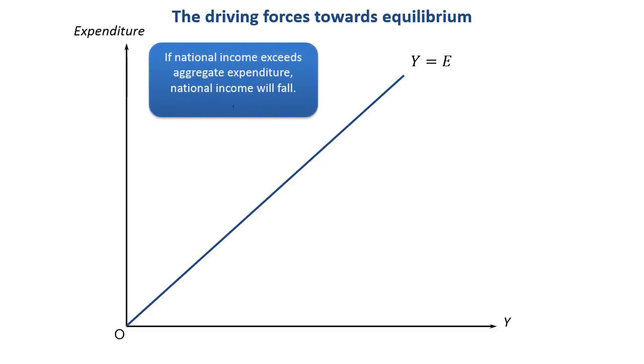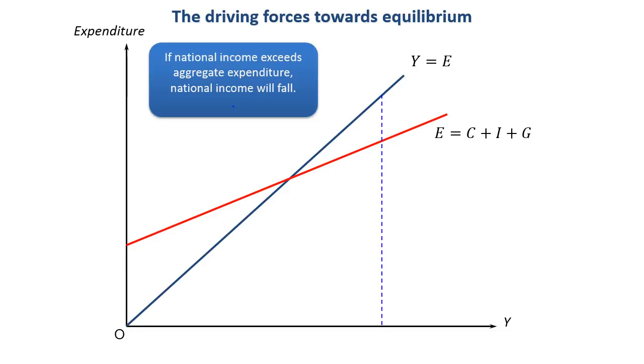What about the other case, where actual output is greater than aggregate demand? So we're in a situation like Y2, and we can see here that the demand is below what is being produced. So there is a demand deficiency in the economy.